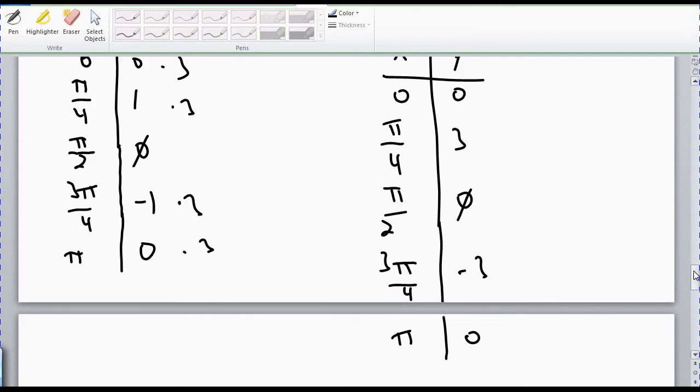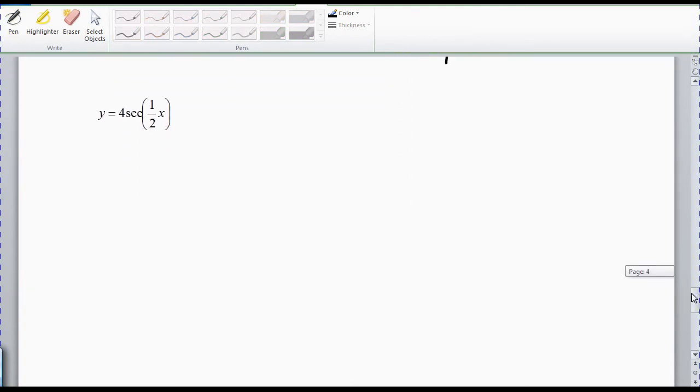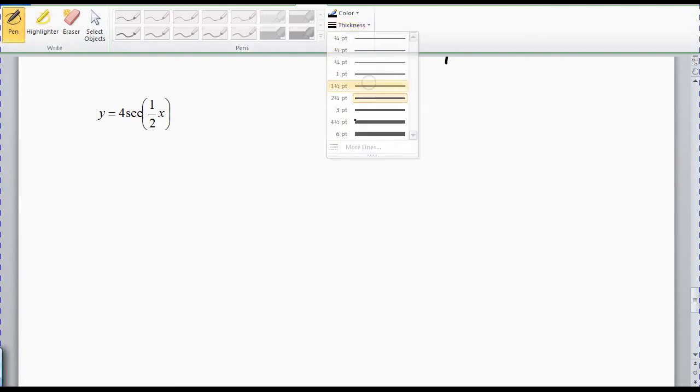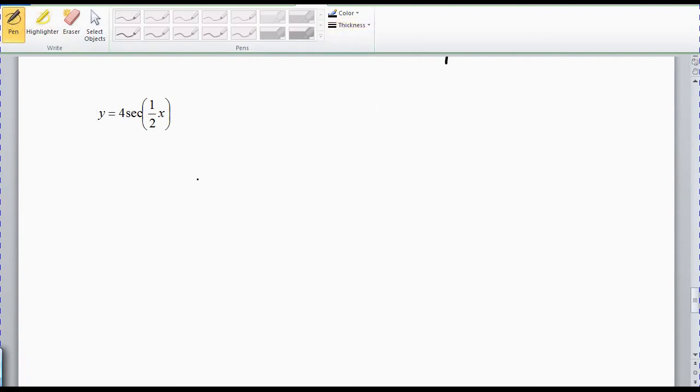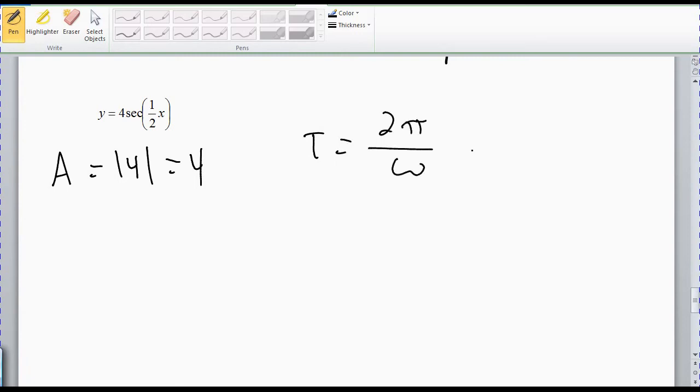So let's do another one. A secant one this time. We'll make this a little bit smaller. So let's do our amplitude. Absolute value of 4 is 4, which means it's going to increase all of our y values by multiplying by 4. Let's do the period. This time we're going back to 2 pi over omega.